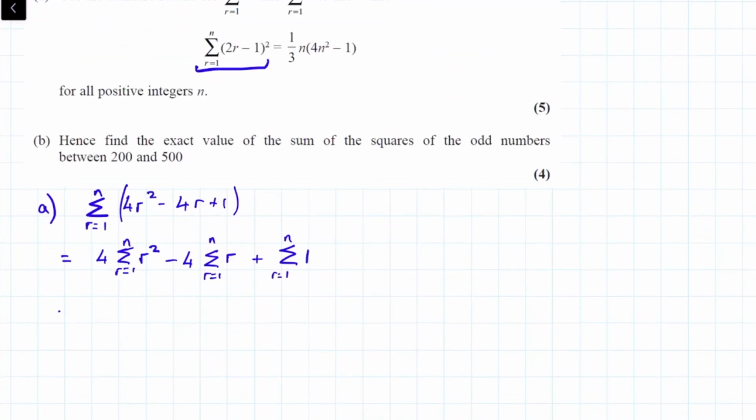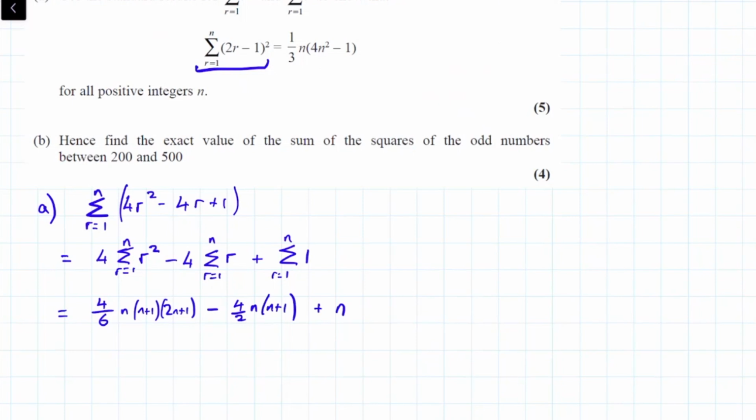We now bring in the formula that we get from the formula book. So we'll have 4 times 1/6 n plus 1, 2n plus 1. Then minus 4 times 1/2 n plus 1. And the last term there will be n.